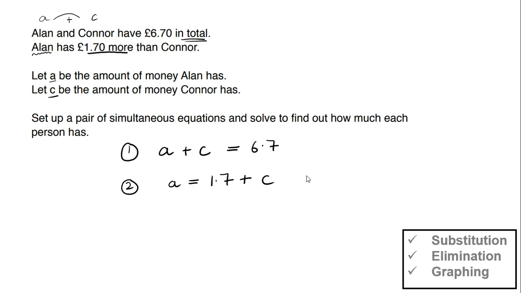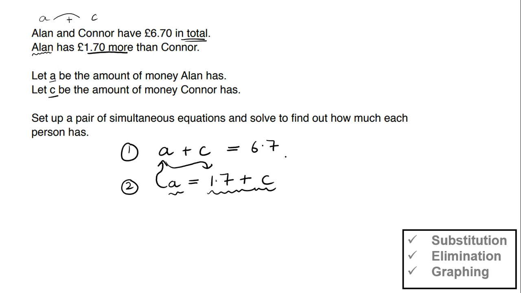It's not required because one of the equations already has a specific subject, that is A, and A is equal to 1.7 plus C. So it's already rearranged for us in a substitution manner so that we can just simply put the A value in the first equation and figure out our C, which means that I can use the substitution method because A is already given to me as 1.7 plus C. All I have to do is replace the A of the first equation with the information given to me here.